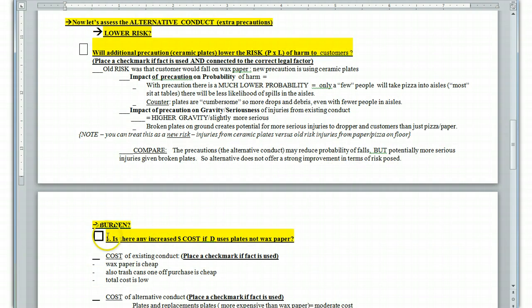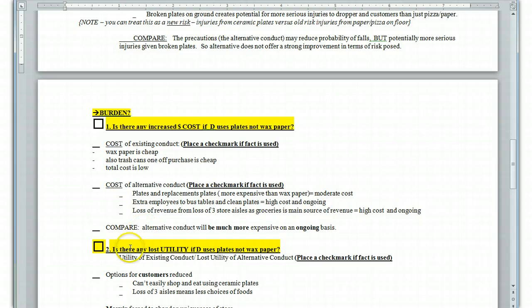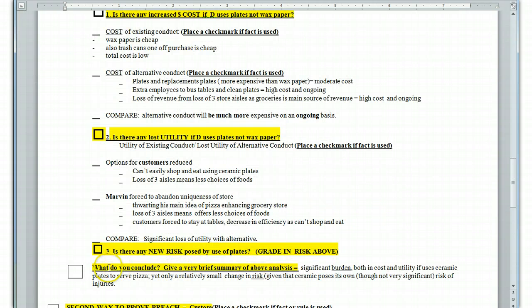What kind of burden was attached to it? And then ask if there was some kind of lost utility as part of the burden. Finally, we'd look to see if there was any new risks posed by the plates, or as you will note, we could include that as part of the discussion above. And then we'd have a conclusion.